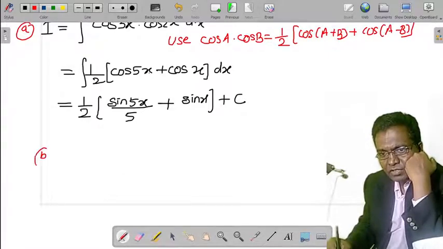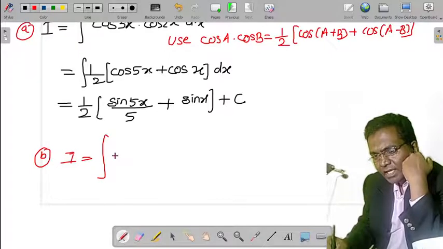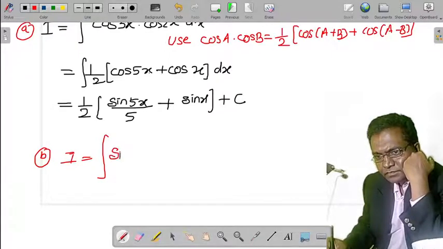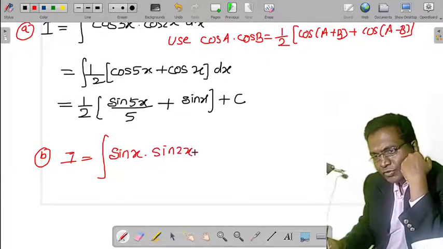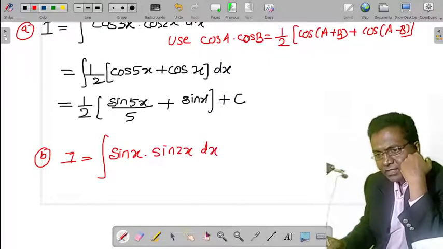Okay, similar example. Suppose you come across the integration of sin x into sin 2x.